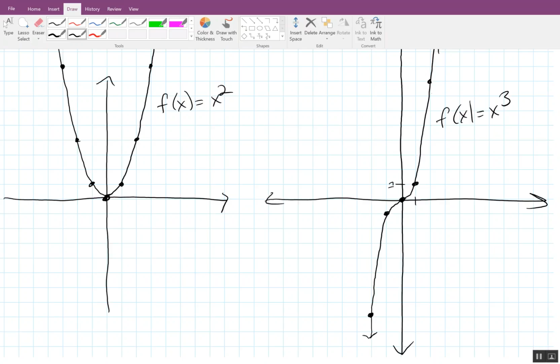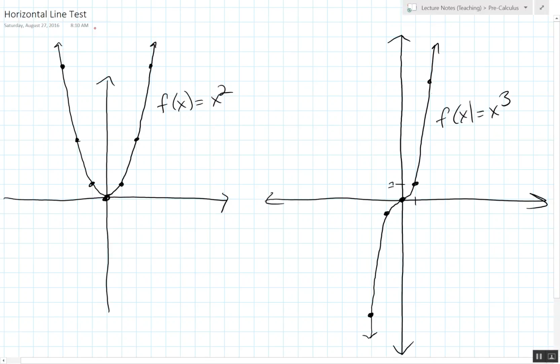So let me change my color here real fast. One of the things we noticed last time was that this point here is (2, 4), and this point here is (-2, 4). And because the y-coordinate was the same, this graph had to not be one-to-one, because that violated our definition.